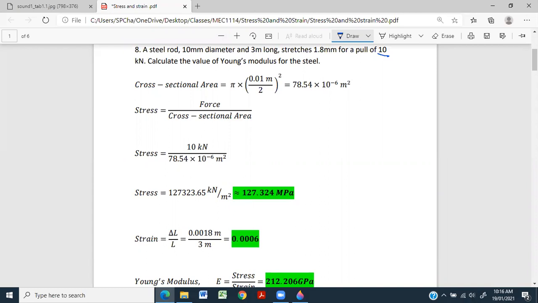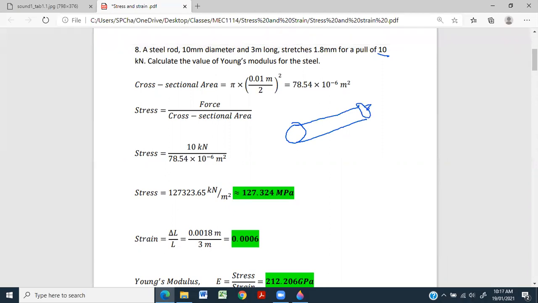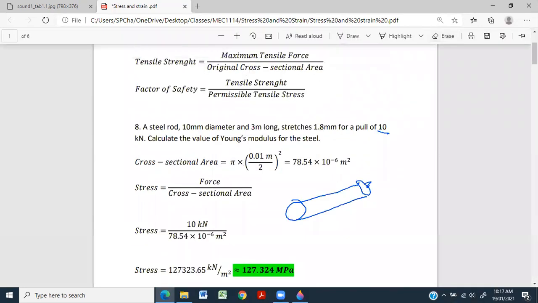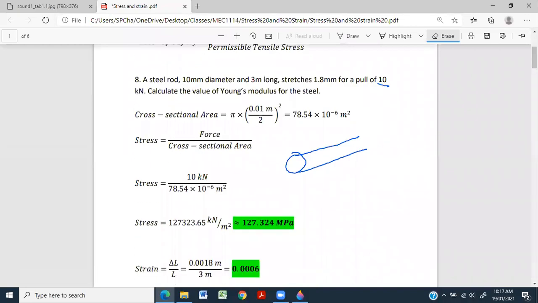Okay. So steel rod, the diameter is 10 millimeters, right? So the diameter of this is 10 millimeters, and it stretches for 10 meters.